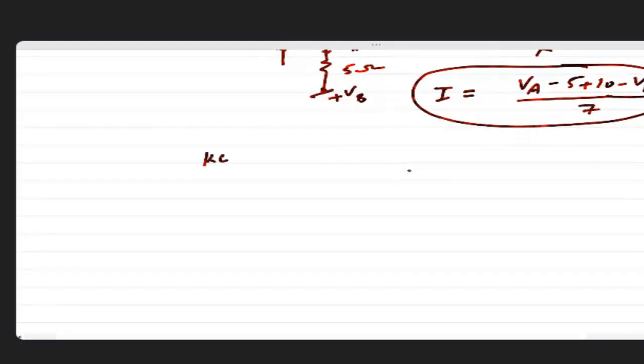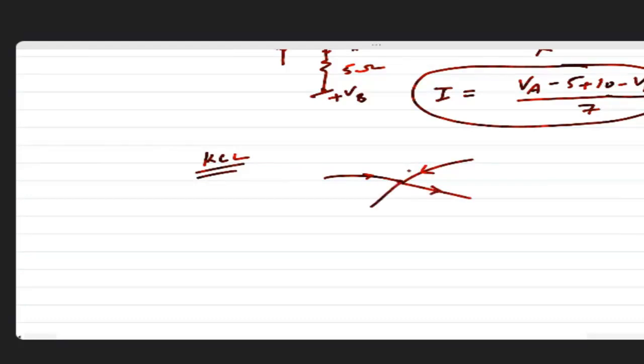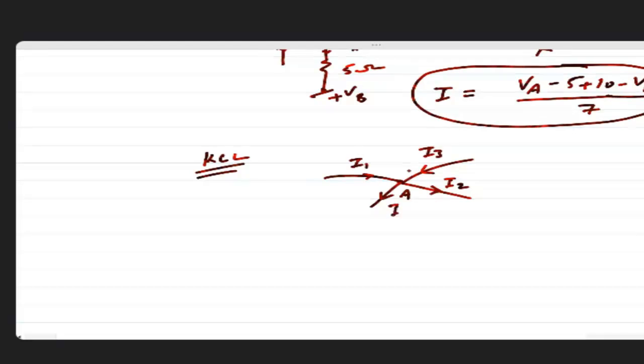Let's discuss the KCL again. The statement of KCL is: the algebraic sum of all the incoming currents at any node A is equal to the algebraic sum of all the outgoing currents from that node. You can see I1, I2, I3, I4.